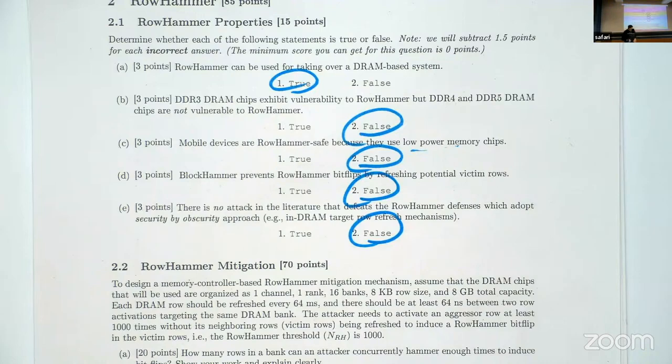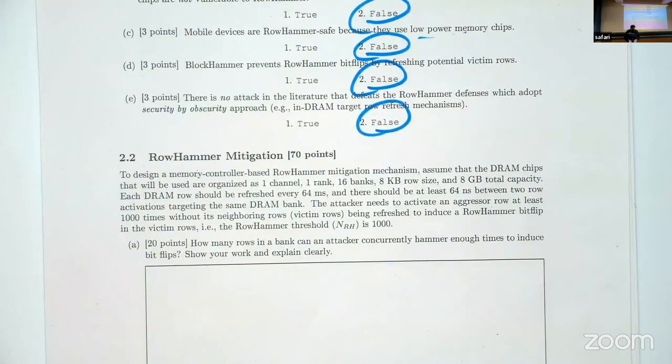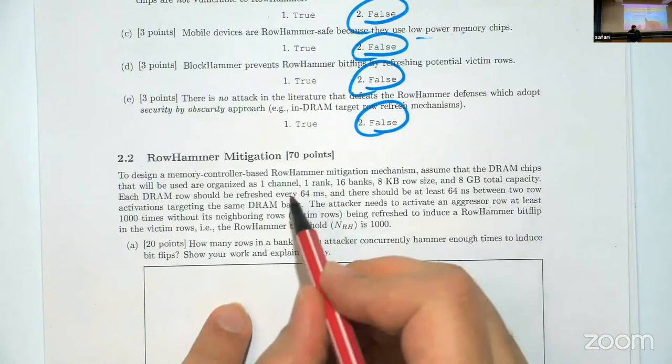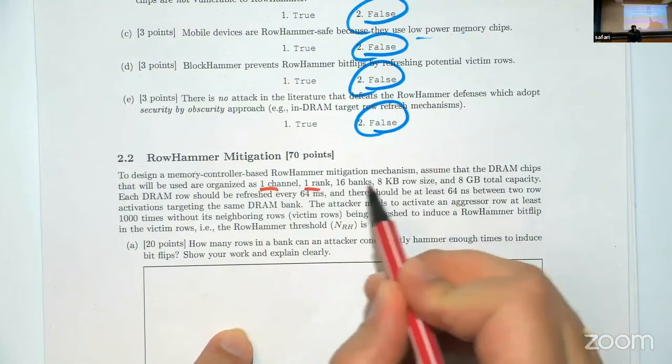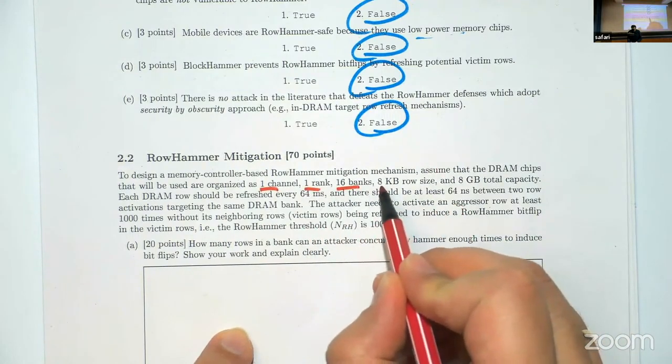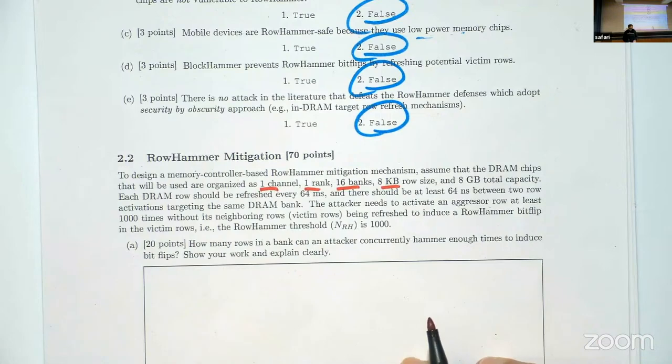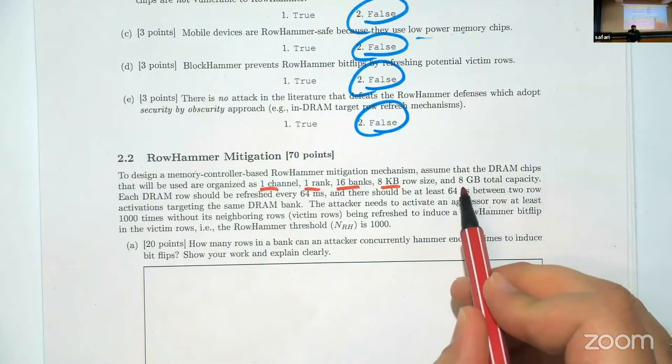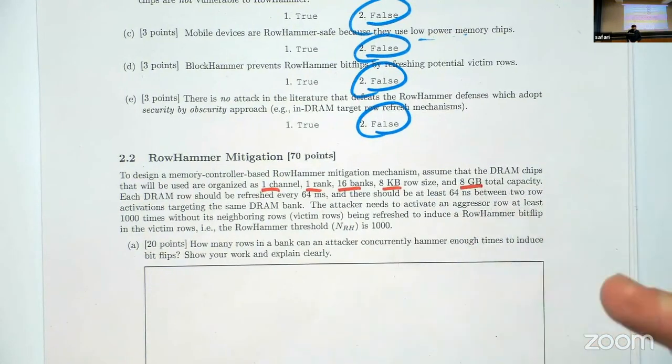Okay, let's go to the second question. So this is a basic calculation. Here we have a system defined. In our system, we have one channel, one rank, 16 banks, and each row contains 8 kilobytes of data. And the chip capacity is, or the module capacity is 8 gigabytes.